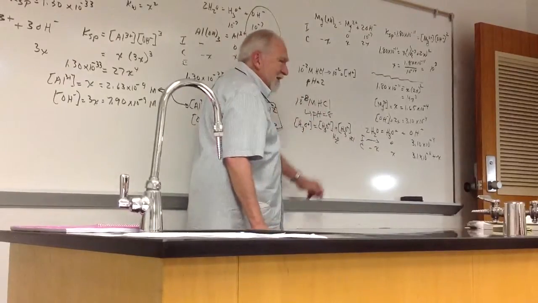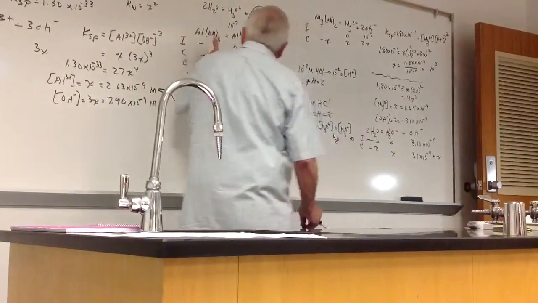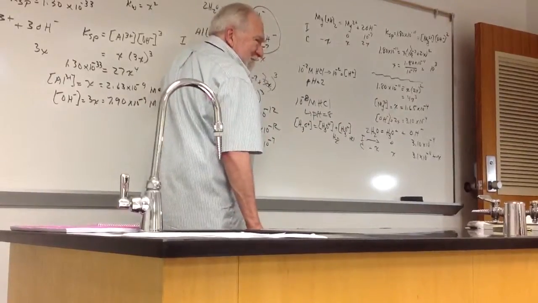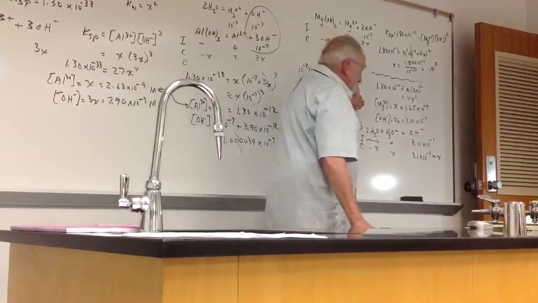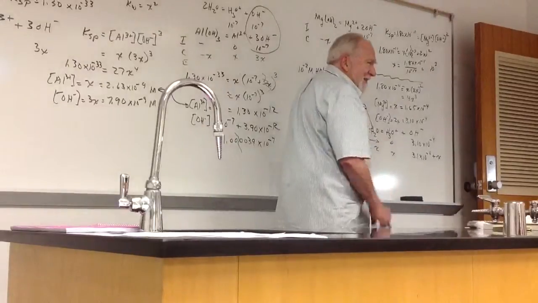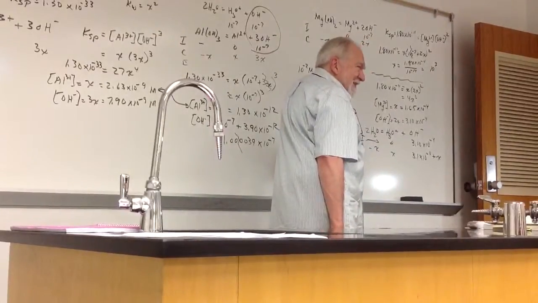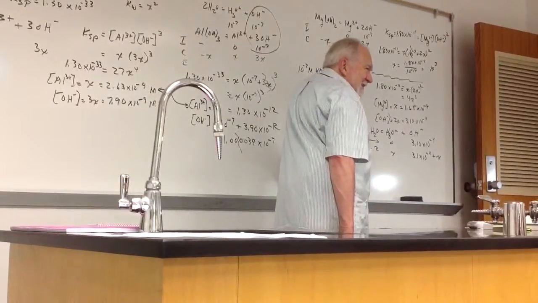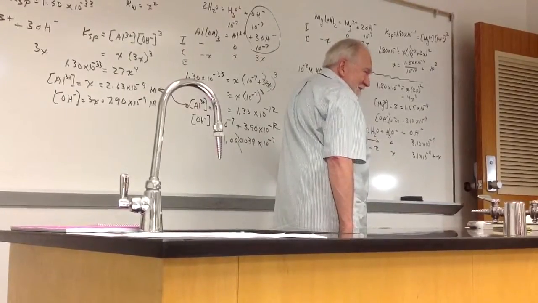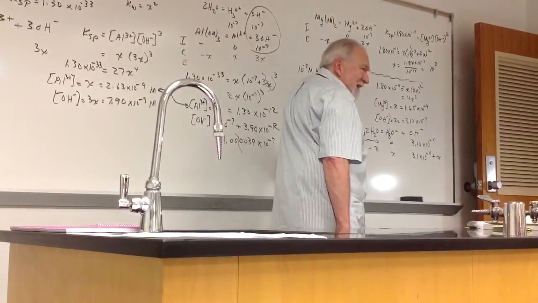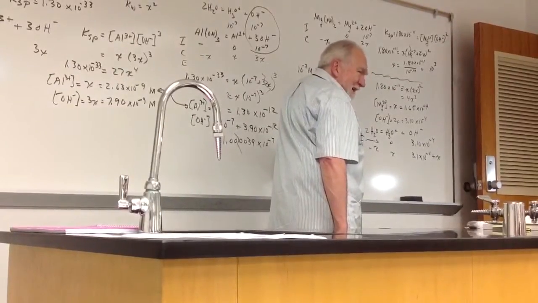Up here I could. In this problem, I couldn't ignore the hydroxide ion from water. In this problem, I could. Why could I? I'm going to justify again why I did it, because I'm going to calculate how much hydrogen ion I got from the water, from the hydroxide ion.